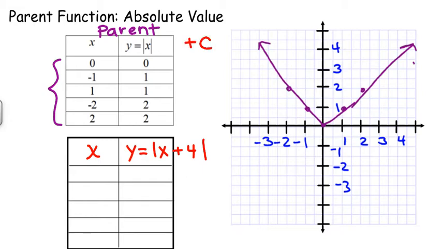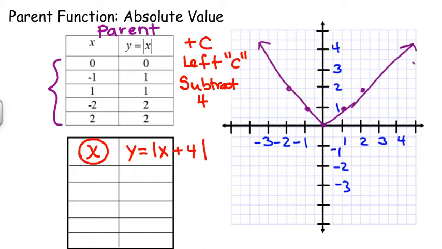So if you remember back in your notes, when you go plus c, you have to think opposite. You're moving to the left c units. So we're going to have to subtract c units, or subtract 4 from all the x values. So all of these x values from up above have to be subtracted. So let's start off with the first one. When we subtract 4 from 0, we get negative 4.